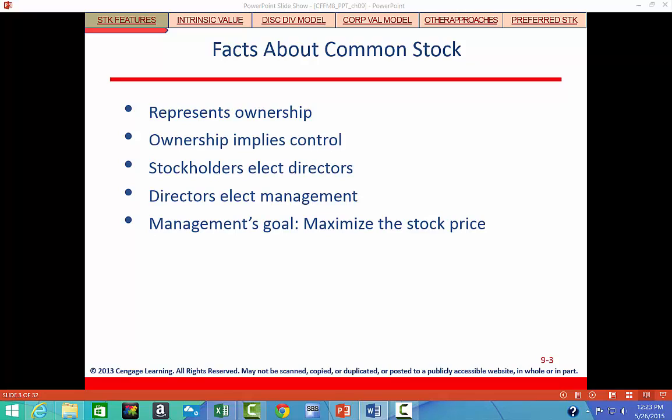In some states, this preemptive right is automatically included in every corporate charter, and in others, it's necessary to insert it specifically into the charter.